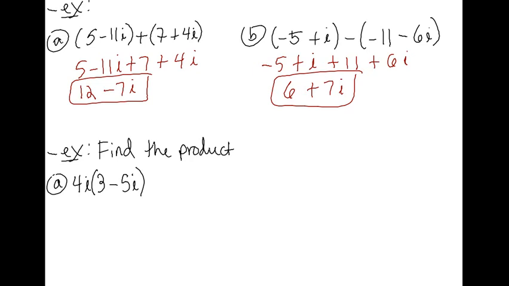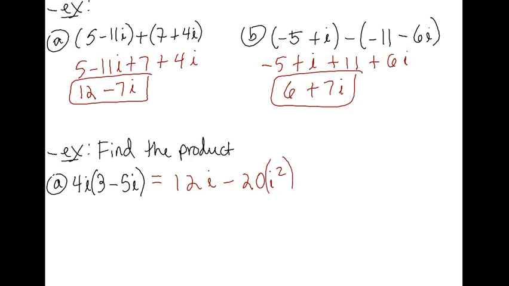Alright, continuing on to the product, we want to distribute our 4i. When we distribute 4i to 3, we end up with 12i. And when we distribute 4i to negative 5i, we end up with negative 20i squared. Okay, if you recall, I just talked about i squared and how it's really -1.